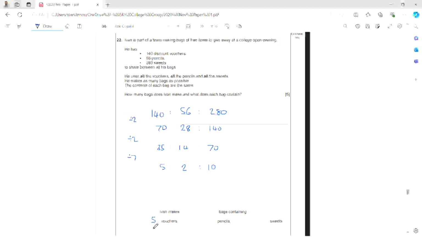So I'm going to put that in now, 5, 2, and 10. And how many bags are used? Well, because we divided by 2 and 2 and 7, I'm just going to do 2 times 2 times 7, and that gets me the answer 28. So that means there are 28 bags, and each bag has 5 vouchers, 2 pencils, and 10 sweets inside.